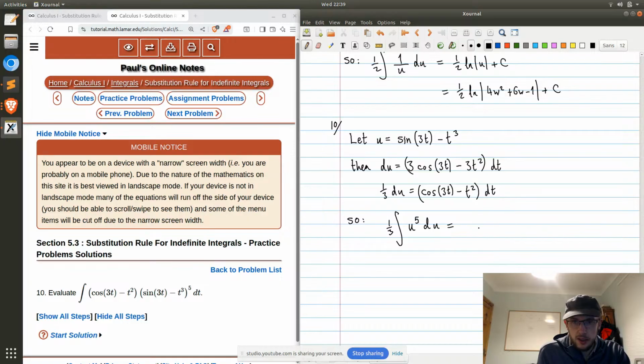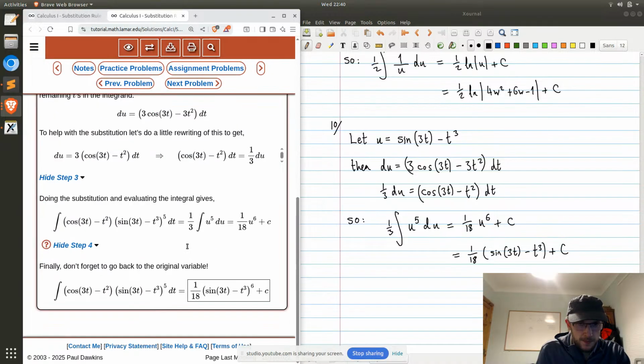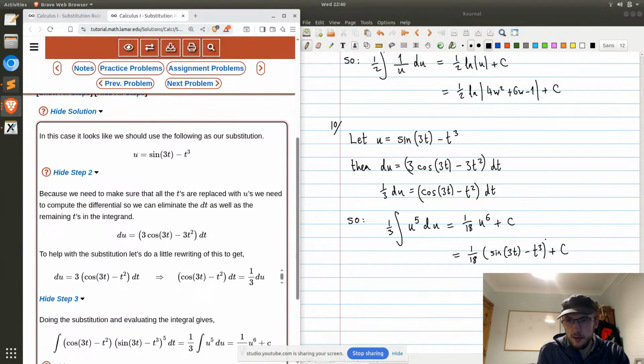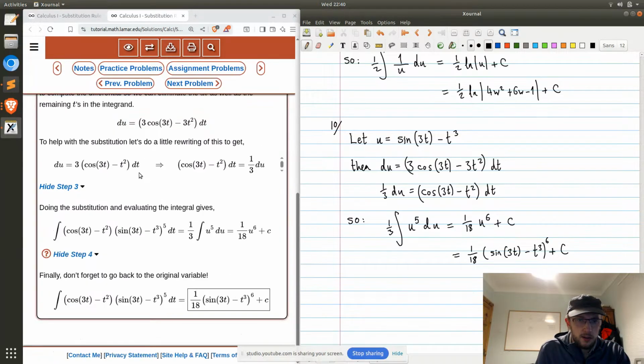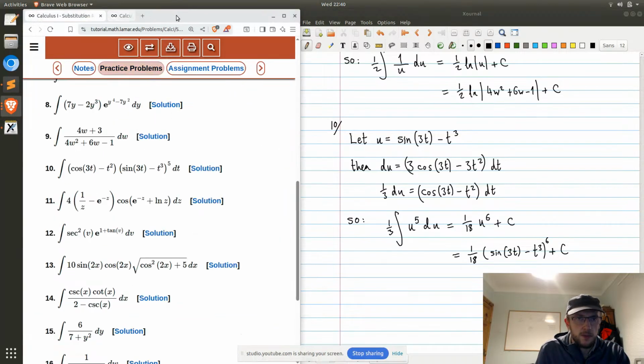Add 1 to the power and divide by that. 1/18 of u to the 6 plus c, which is 1/18 of sine of 3t minus t cubed, all of that, plus c. Oh, beg your pardon, I forgot the 6. There we go. Got it.